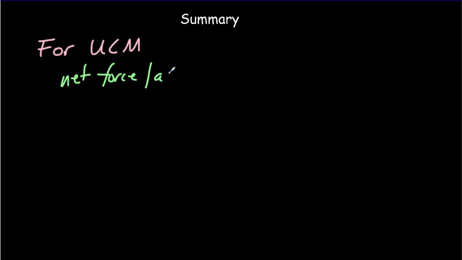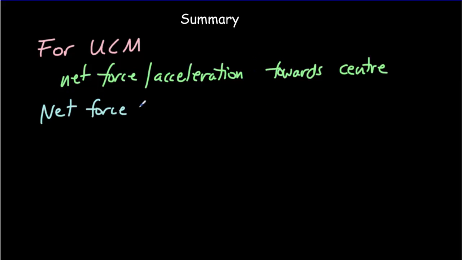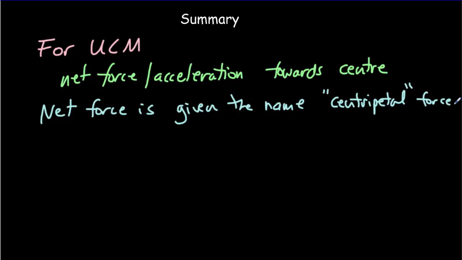So let's summarize those big ideas from the video. When we have uniform circular motion, we always have a net force and acceleration towards the center of the circle. This net force is given the name centripetal force. It has to be related to the speed and the radius of that circular motion.